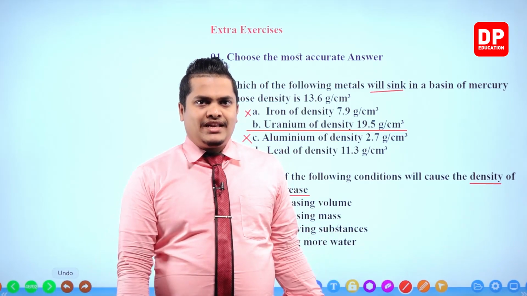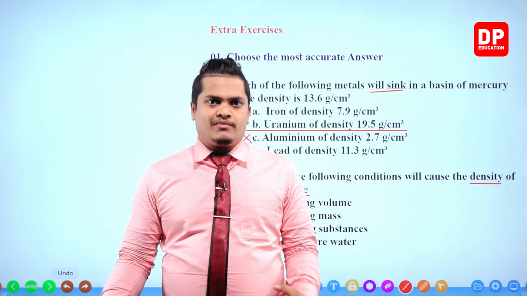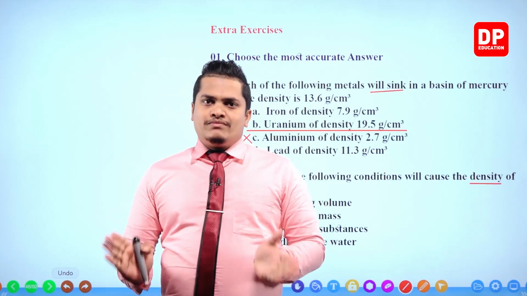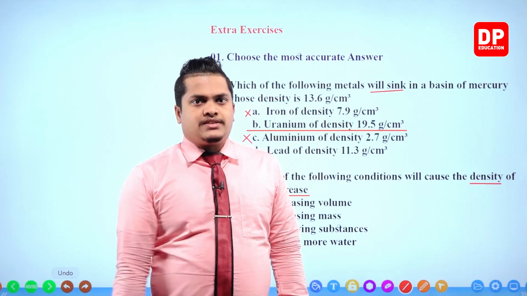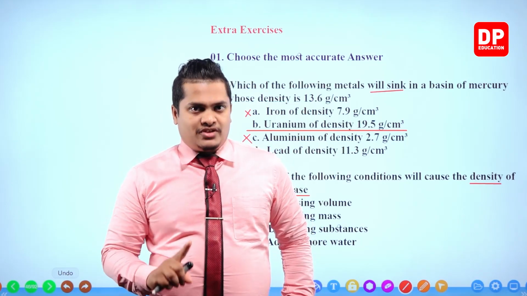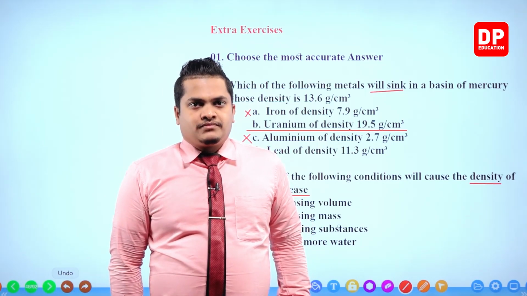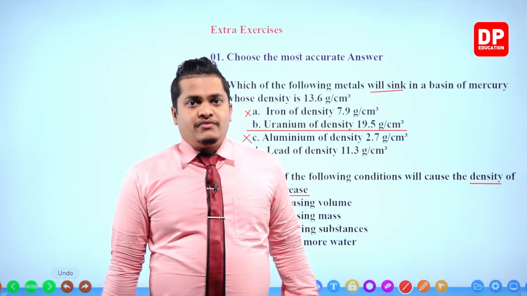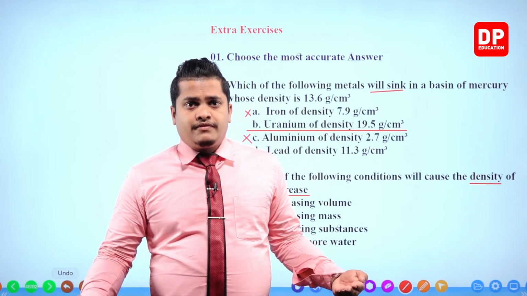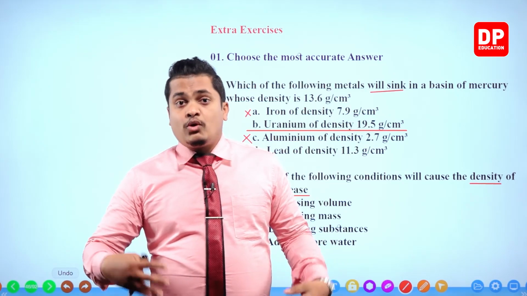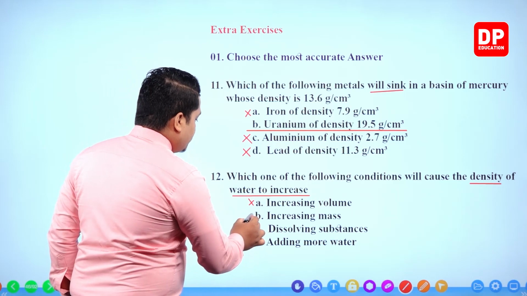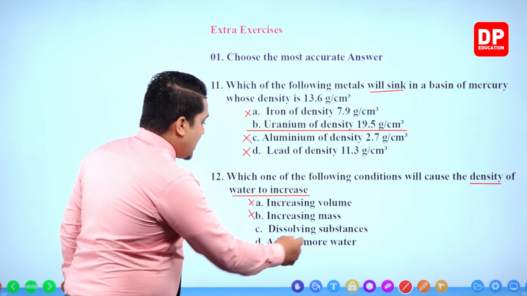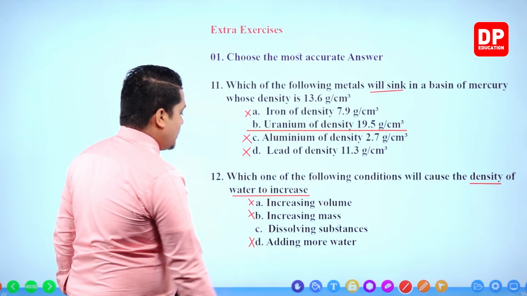We took 100 milliliters, 250 milliliters, 500 milliliters. Even though the volume is getting increased, the mass over volume ratio is a constant, 0.99, the value which we took from the activity. That means we won't be able to increase the mass of water without adding more water. So increasing mass is not a probable answer. Adding more water is also not a probable answer.